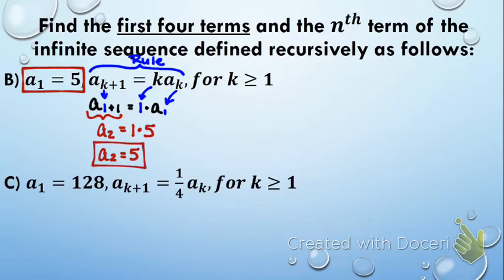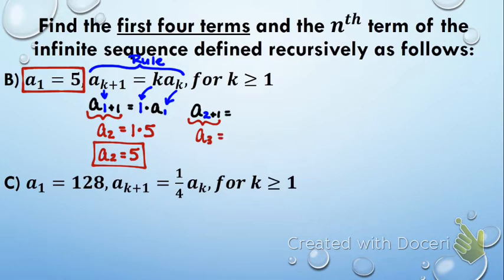All right. Now we know the first and the second terms. I want to find the third term now. So what are we going to put in for k if I want to find the third term? We're going to put 2 in the place of k because 2 plus 1, this will find my third term.